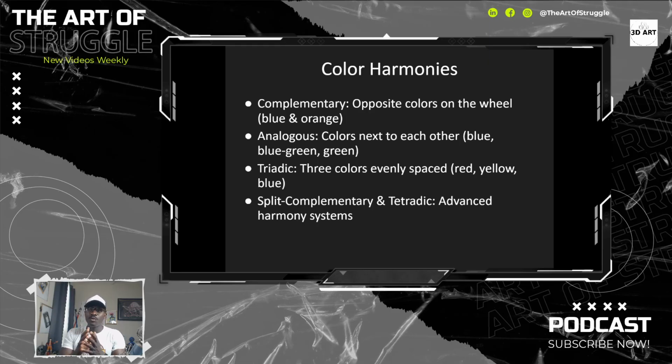Then you've got even more interesting ones like split complementary and tetradic coloring, which are more advanced harmony systems. If you think of the Lion King cover, it kind of has that going on, where you've got some yellows.